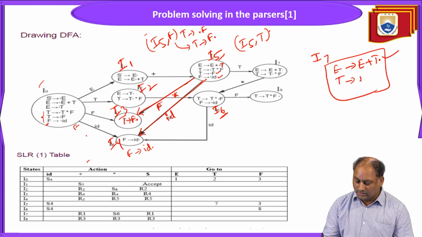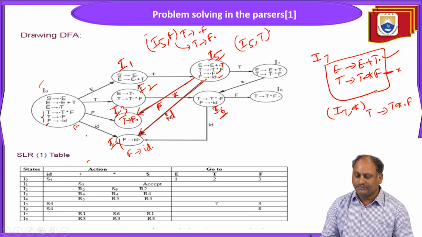And T derives T dot star F, but here we have to perform the star transition, since it is not reached. So what is I7 comma star? T derives T star dot F.